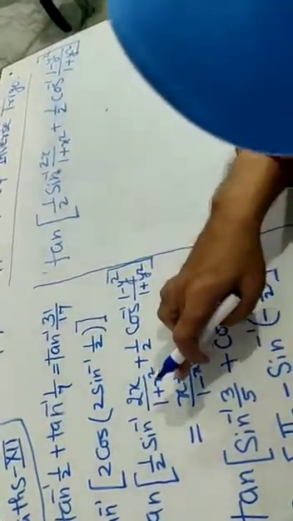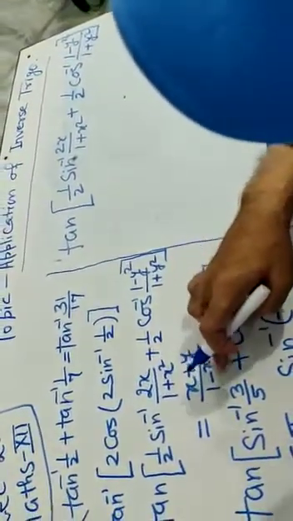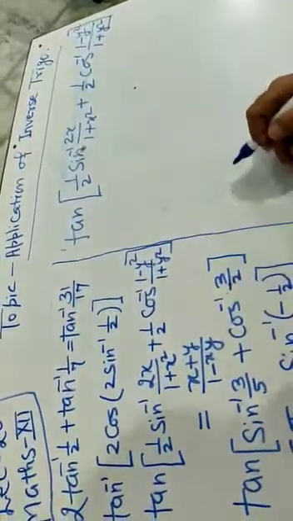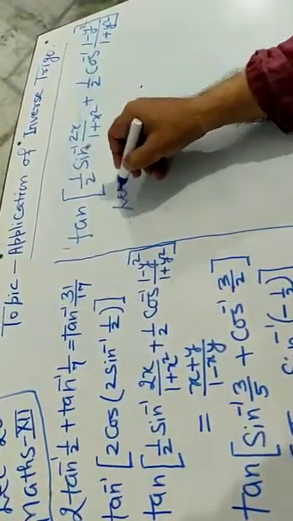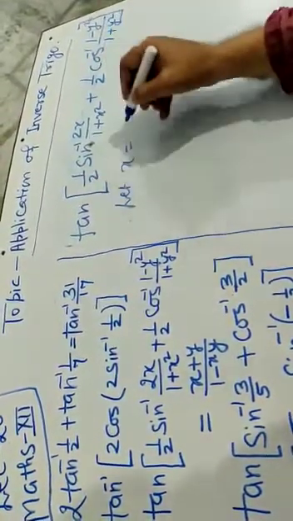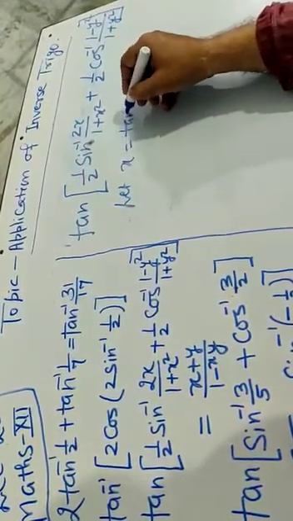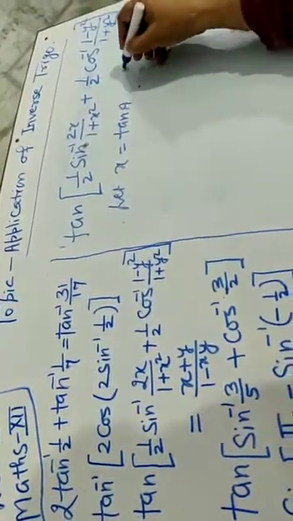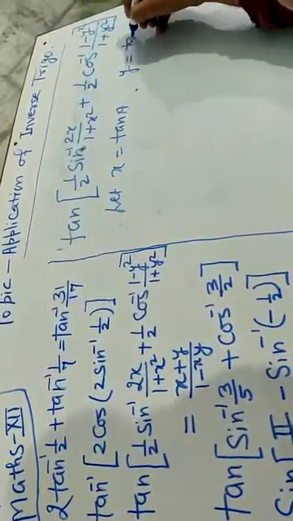You have to prove x plus y equals 1 minus xy. Let x equal tan a and y equal tan b.